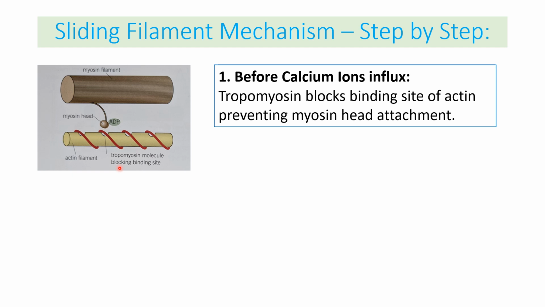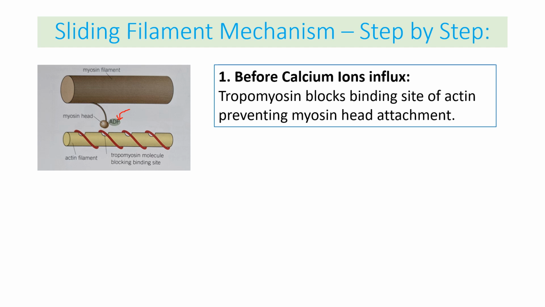So it is unable to attach to the actin receptor site. Before we move on, there is one important thing I want to make sure you're aware of. There is ATP attached to the myosin head, sorry, ADP I should say, and that ADP is important because without it the myosin head will not be able to attach to the actin.